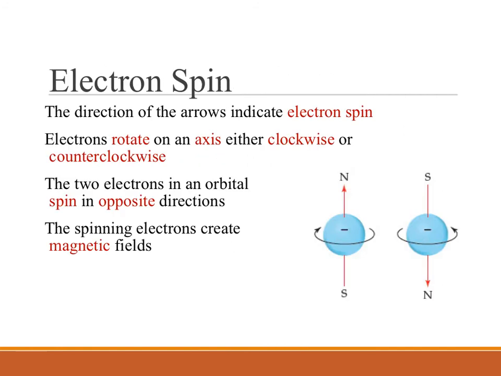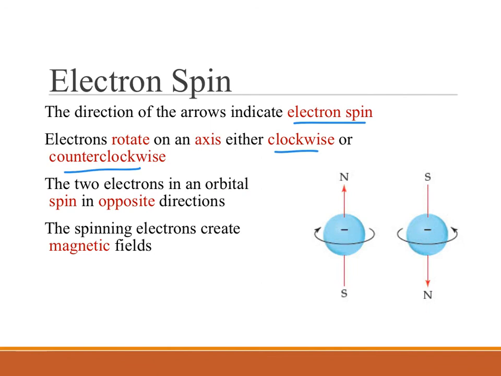You noticed I had arrows when I'm drawing the electrons in the orbital filling diagrams, and this indicates how the electrons are spinning. Electrons are unique in that they rotate on an axis just like the Earth rotates, and within an orbital, one is rotating clockwise and the other electron is rotating counterclockwise.